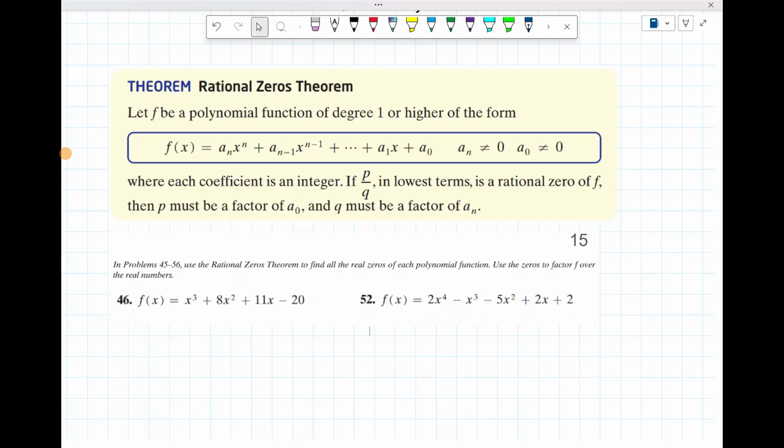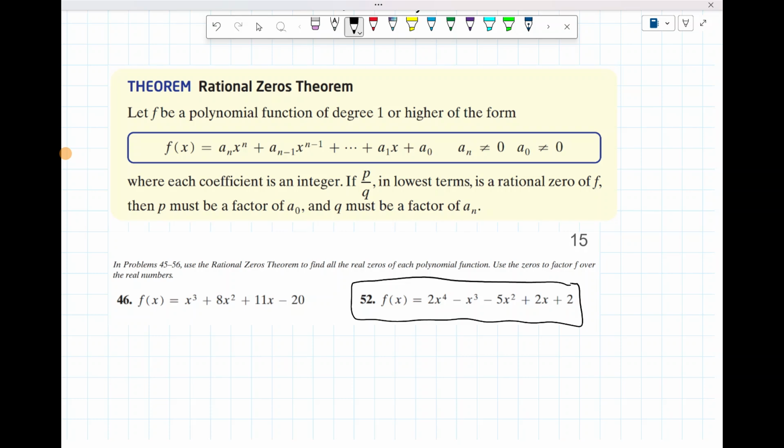So the big idea, often what we do if we have polynomials that are of degree larger than 2, and this polynomial is of degree 4, is we will just try different numbers, plug them in to our polynomial, or see if they're a zero using synthetic division until we finally find one that works.